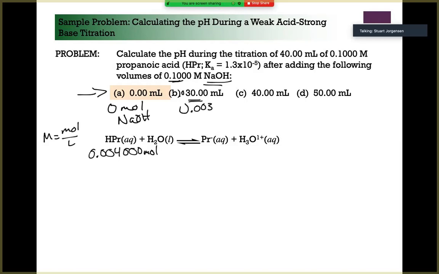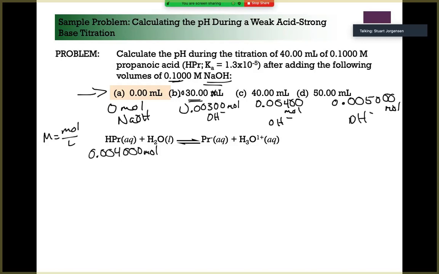Because 0.03 liters times 0.1 is going to be 0.003. Now this is moles of, I'm just going to abbreviate OH minus. We don't really care about sodium. This is going to be 0.00400 moles of our base in part C. And we'd have 0.005000 moles of base in part D.